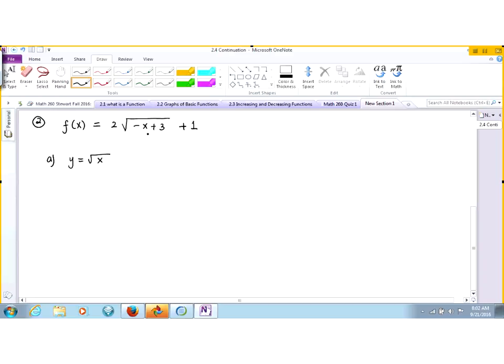No, I have square root of negative x. Then I need to do something here before I could actually do the transformation. So I need to rewrite this into f of x is equal to 2 times square root of, take out the negative. What am I left with if I take out the negative? x minus 3, plus 1.